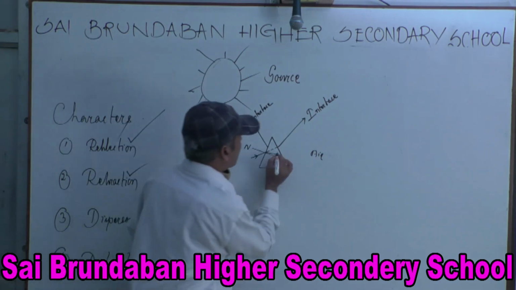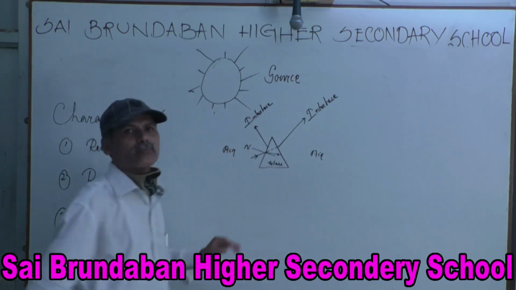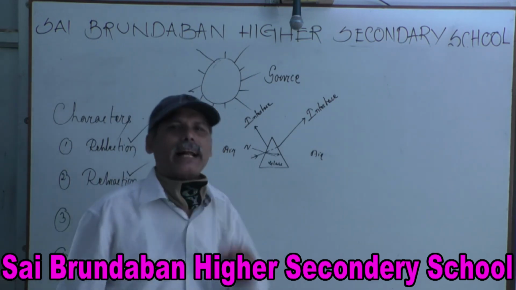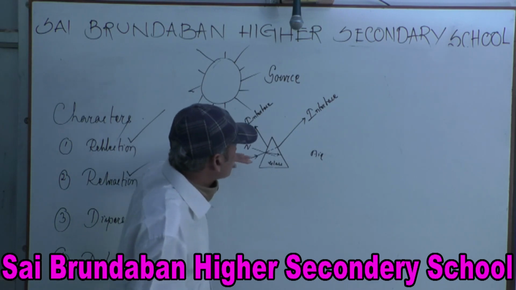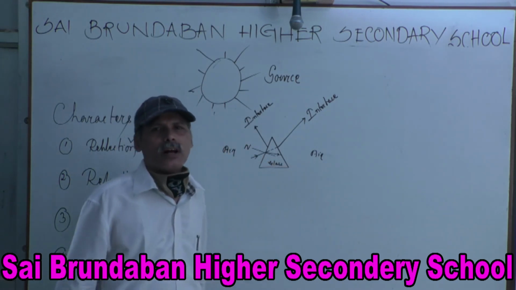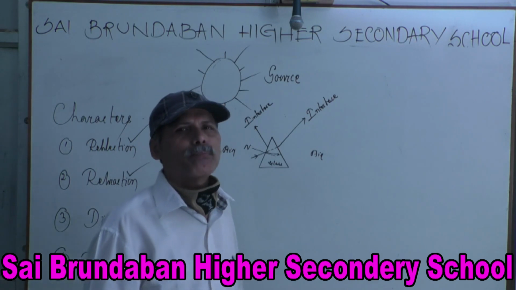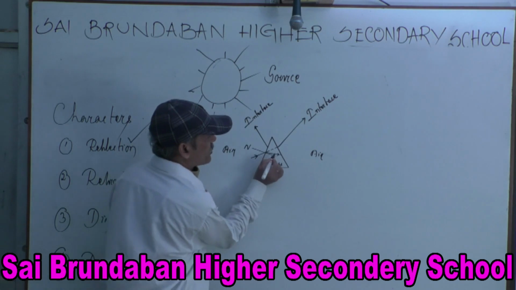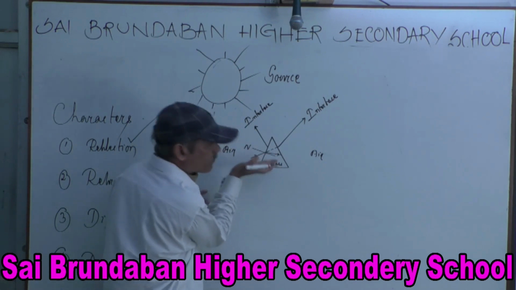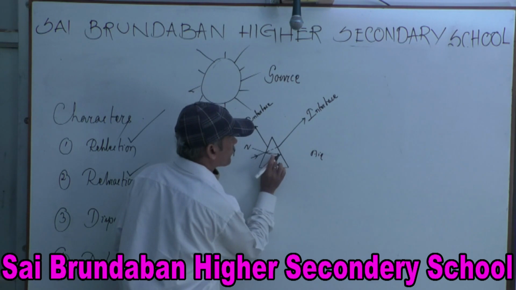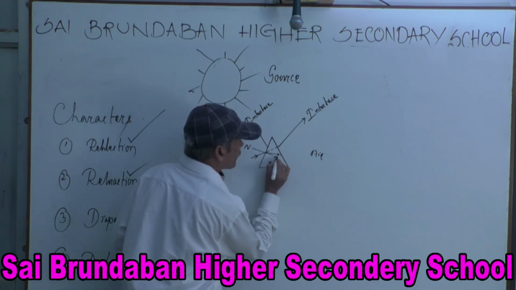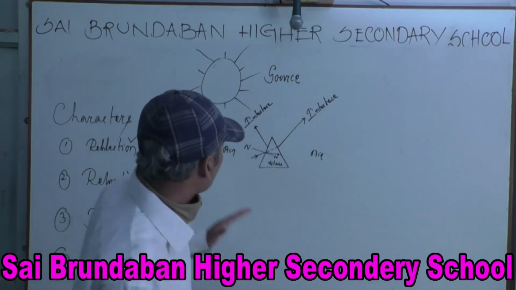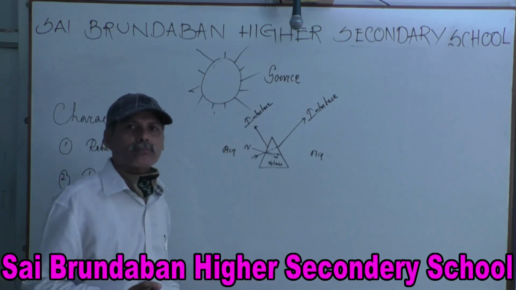The ray hits the second surface. When light propagates from rarer medium to denser medium, the refracted ray bends towards the normal. This is the normal. But what happened? A single ray is here.